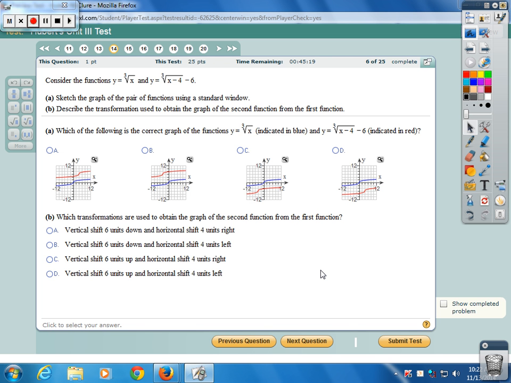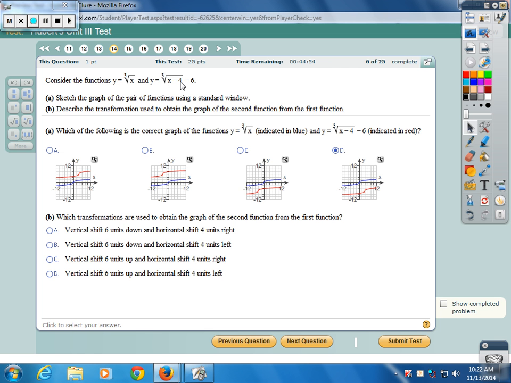So you're looking for a red graph under the blue graph. I would say it's probably C, because it moves to the right. This one, D. That's what I would suggest.